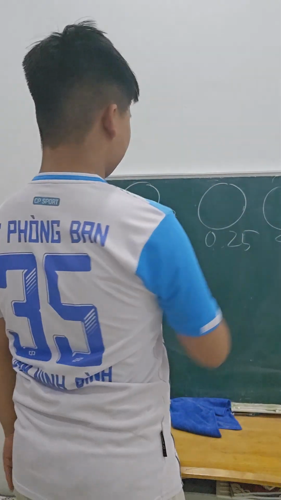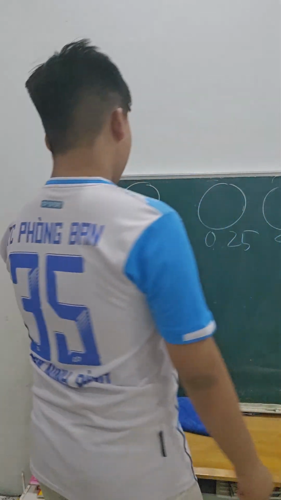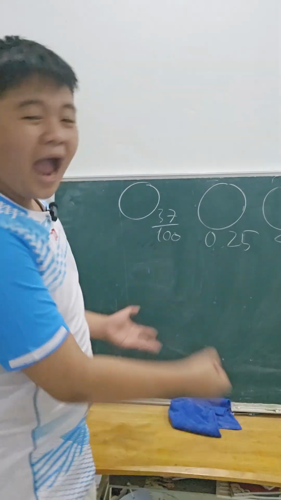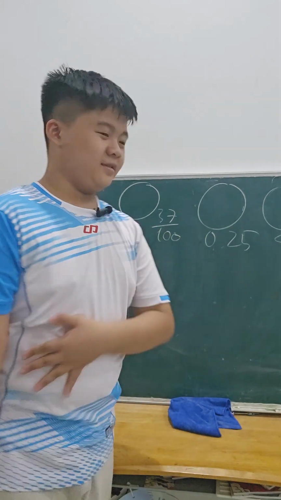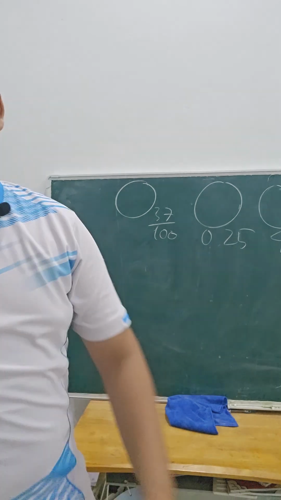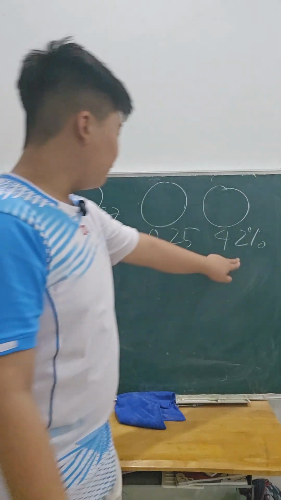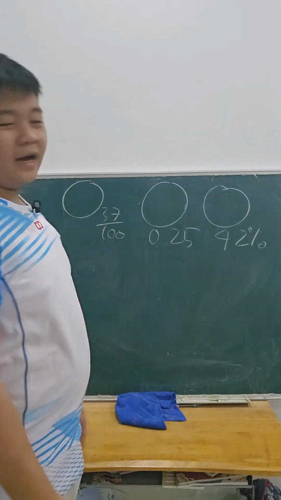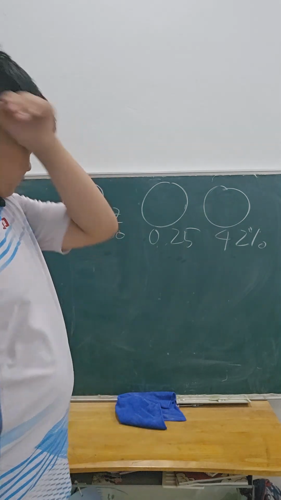I'm not good at math. Got 42%. So how much percentage did Dell and Eve get compared to Jeremy's? So as we know here, Jeremy got 42% of the prize. Dell got 0.25 and Eve got 37 on 100.